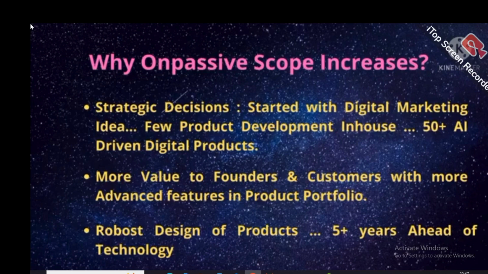ONPASSIVE decided to enhance the project scope to a mega project with 50 plus AI-driven digital products. And the scope also increased because ONPASSIVE will provide value to both founders and customers with more advanced features in the product portfolio.